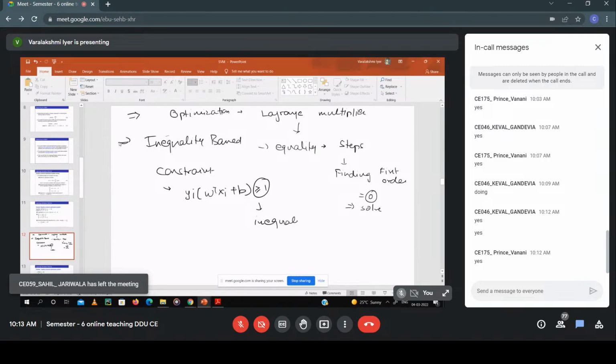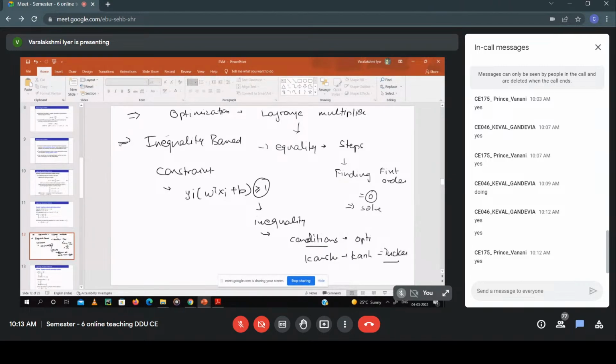In that case, we'll be following some other conditions that we need to satisfy in order to solve the optimization problem, which are the Karush-Kuhn-Tucker conditions, the KKT conditions.